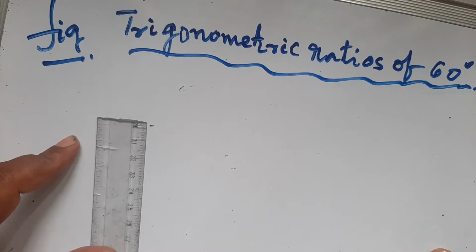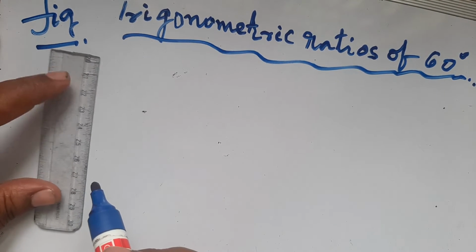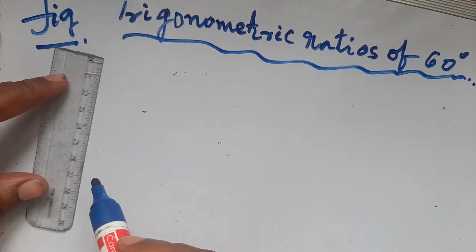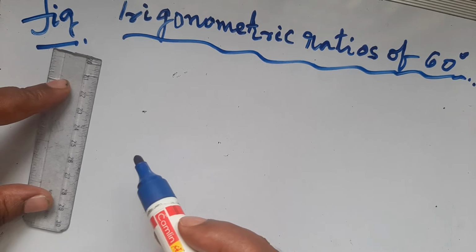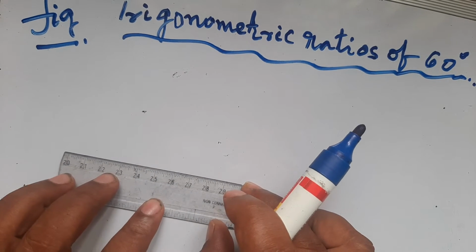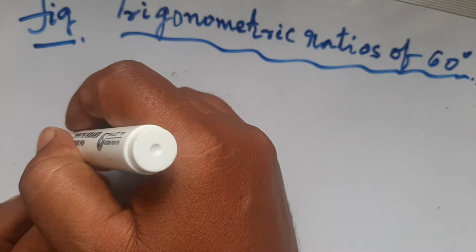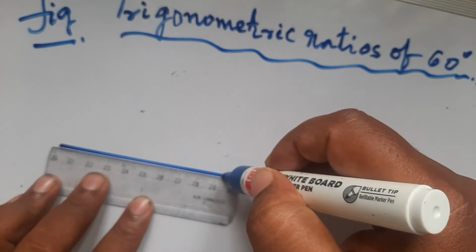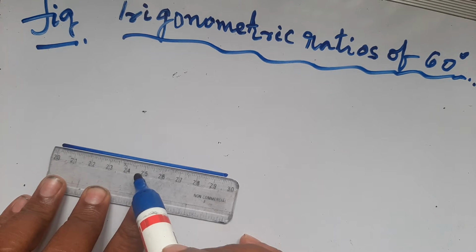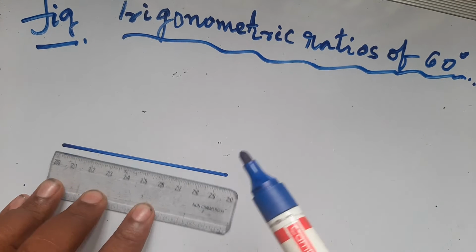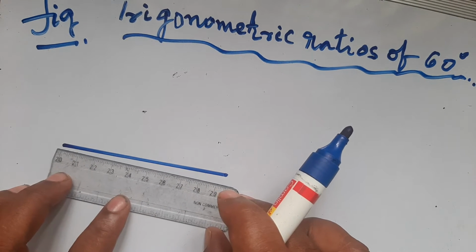Now, we have to draw the diagram. How to draw? Take the scale and take 5 centimeter, approximately 6 centimeter, we have to draw. First we should take the base, approximately 10 centimeters line.